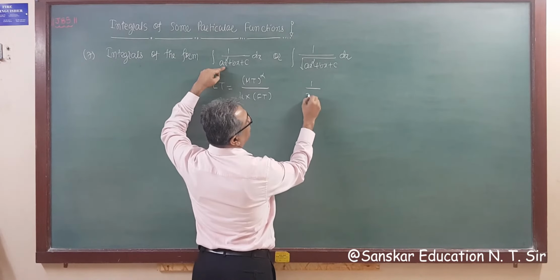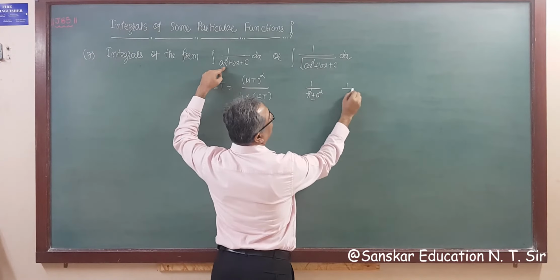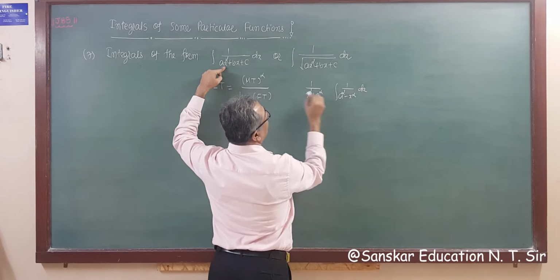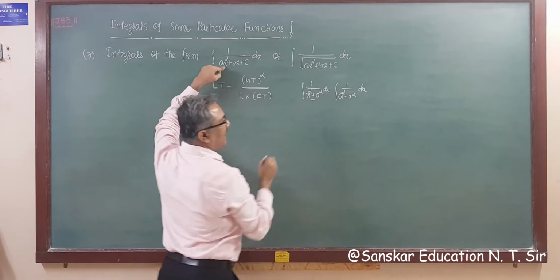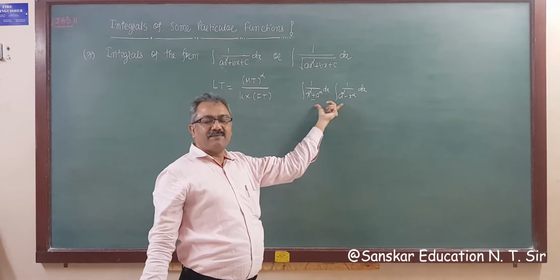So find out the last term using this formula and make it a perfect square. If you make this a perfect square, then you have a formula for this, either 1 upon x square plus a square, x square minus a square, or 1 upon a square minus x square. After making a perfect square of this, you have to apply any one of these formulas.